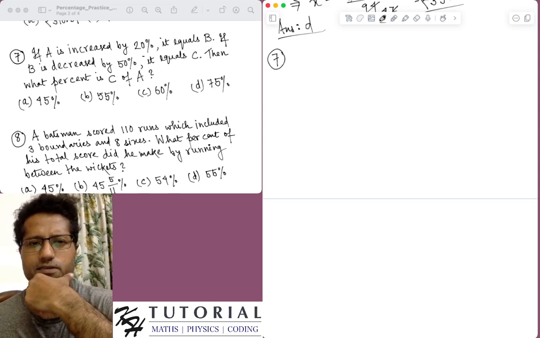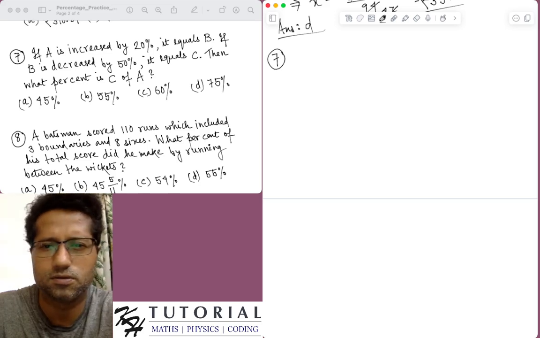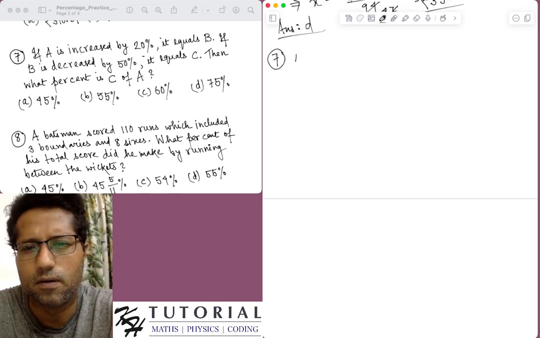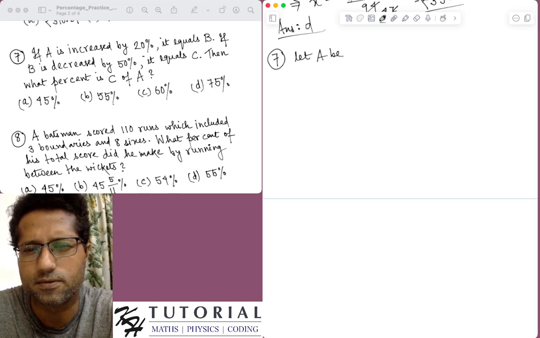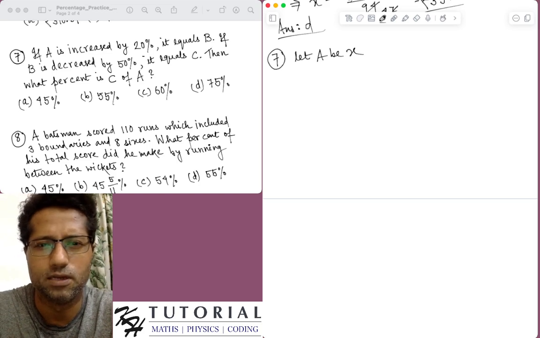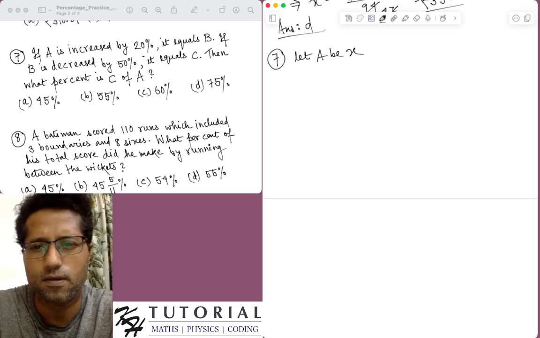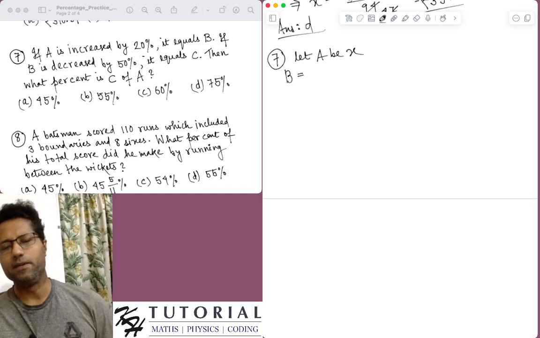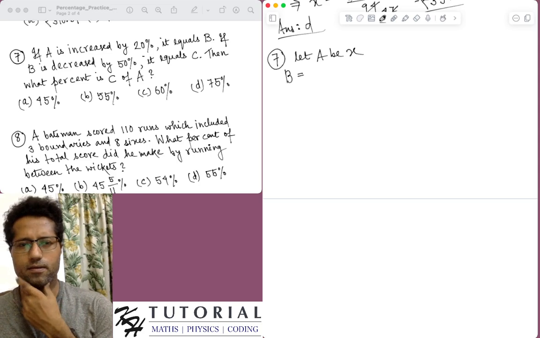Okay, so let A be X. Now, if A is increased by 20%, it equals B. Therefore, B will be equal to 20% more than A.